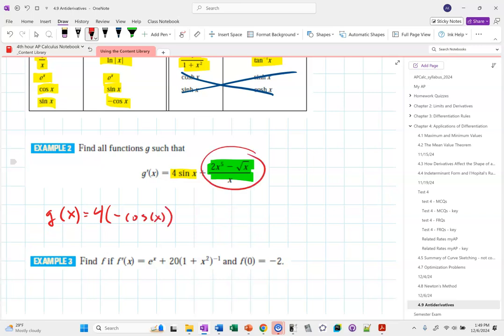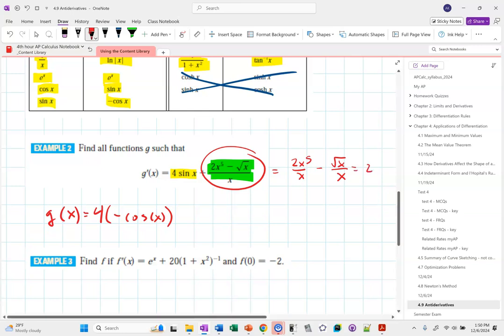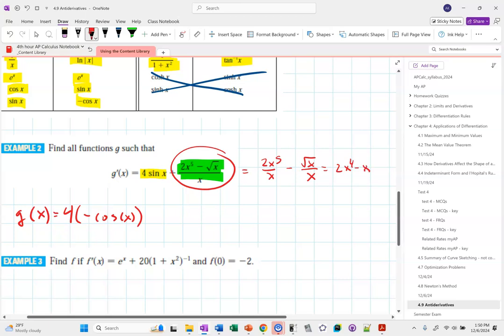Now this piece, I'm not going to do it like that. I'm going to simplify that a little bit. Do some algebra to make my life easier. What algebra am I going to do? I'm going to break it up and write it as two fractions with a common denominator. So that becomes 2x to the 4th minus x to the negative 1/2.